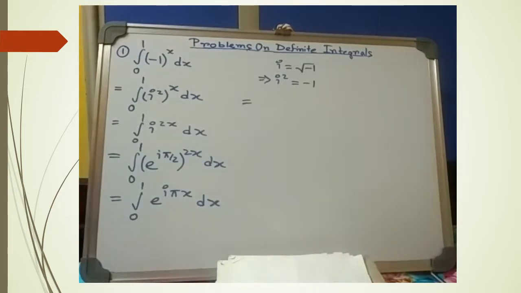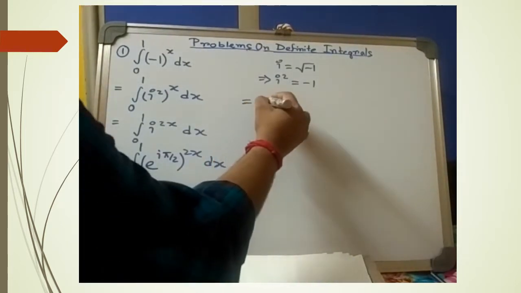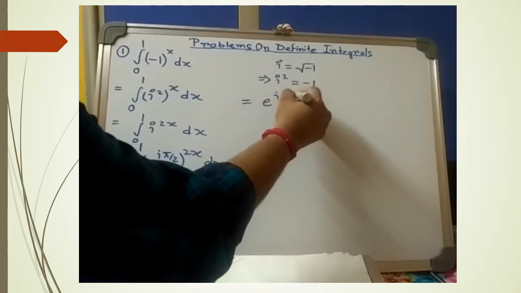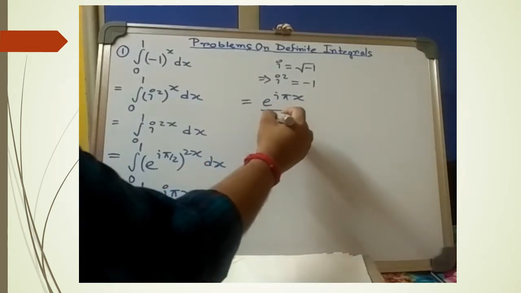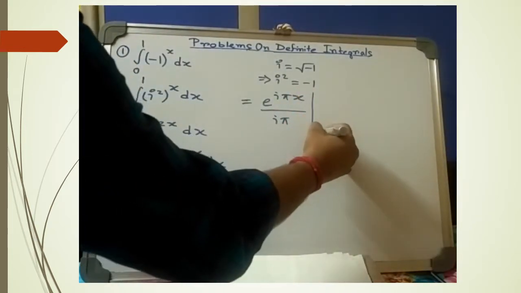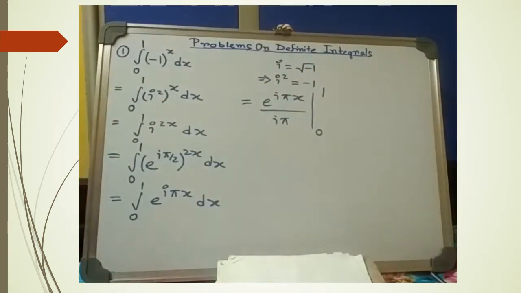Now we can integrate this and we get e to the power i pi x divided by i pi, with lower limit 0 and upper limit 1.